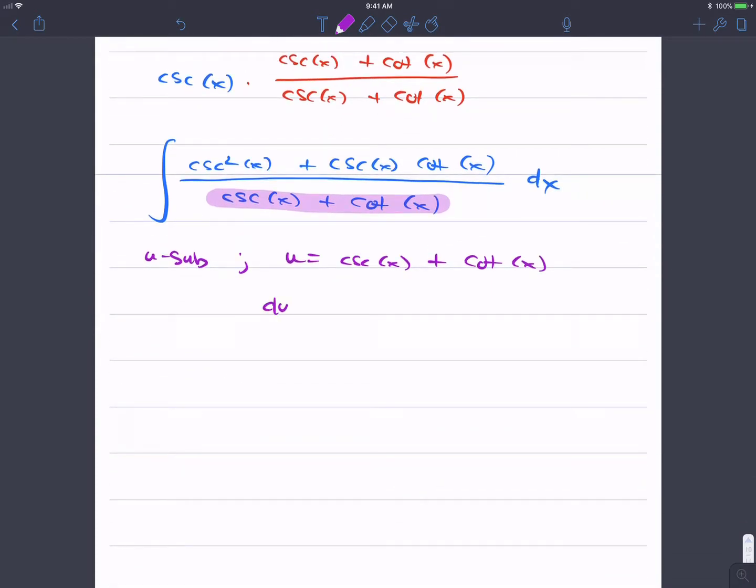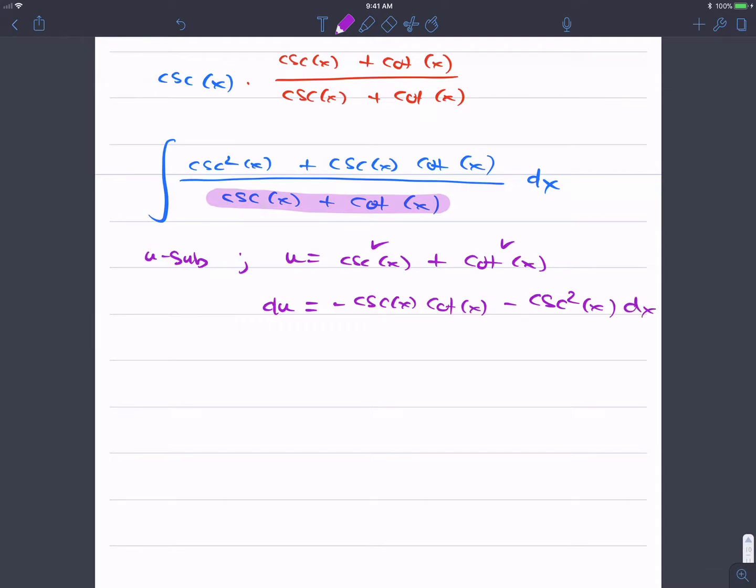That now means to find du, I have to differentiate both cosecant and cotangent. Now, du, our derivative of cosecant, is minus cosecant cotangent. And then the derivative of cotangent now is minus cosecant squared. And that's going to be my du.